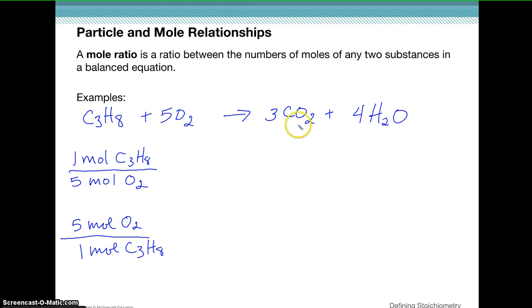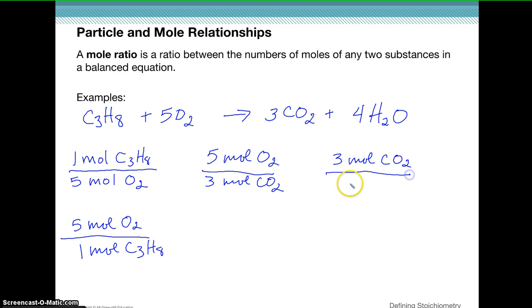You can also make a mole ratio out of reactants and products together. For example, 5 moles of O2 for every 3 moles of CO2. You could also make mole ratios out of just products: 3 moles of CO2 to 4 moles of H2O. The mole ratio you make, and which direction you use it, is always going to be based on the problem you're trying to solve.